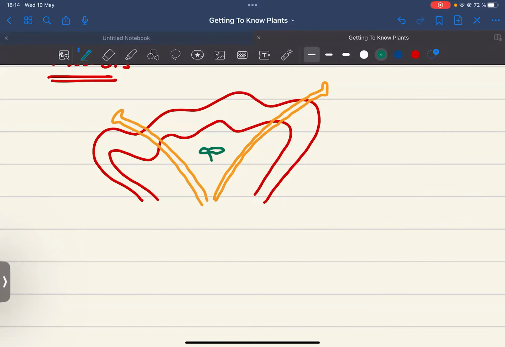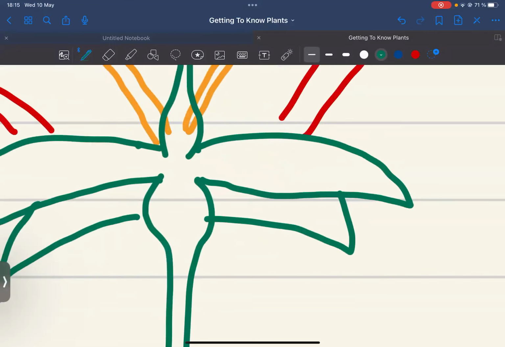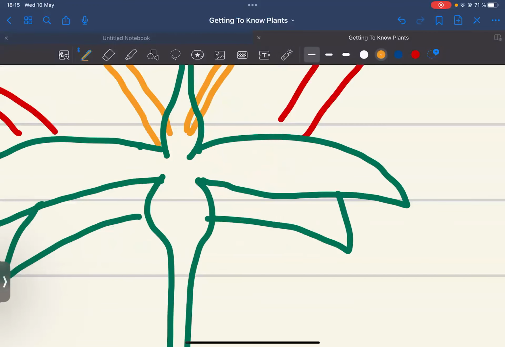The center portion looks something like this, and then down you'll have the base leaf. Now we're going to name each part. In the center over here is an important portion, which I'll tell you about.